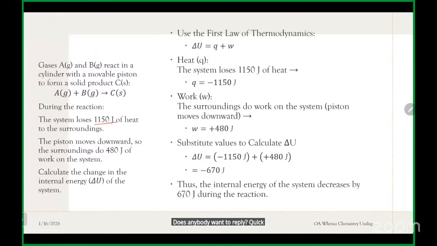Quickly, I'm moving on. So Q is minus 1,150 because the question says the system loses it to the surroundings. Remember our slide. Thank you, Rachel.